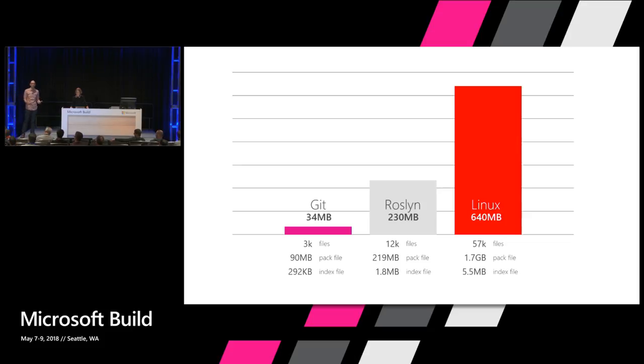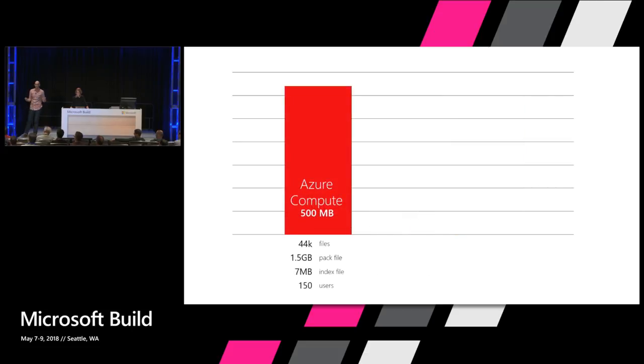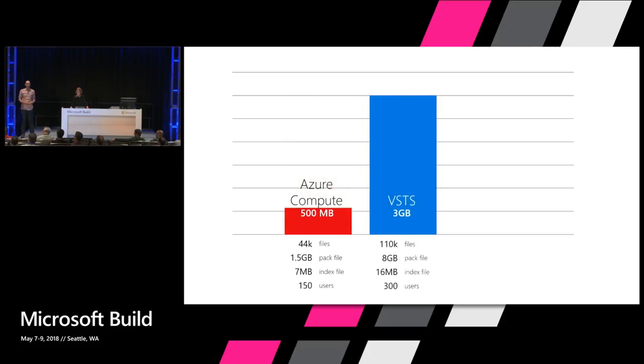That's about the same size, if we look at repositories within Microsoft, as the Azure Compute repository. That's the code that runs when you click New Virtual Machine in the Azure portal. My team, the Visual Studio Team Services team, our source tree is about 3 gigabytes checked out. It's quite a bit bigger than Linux, I guess, but it's about the same scale.